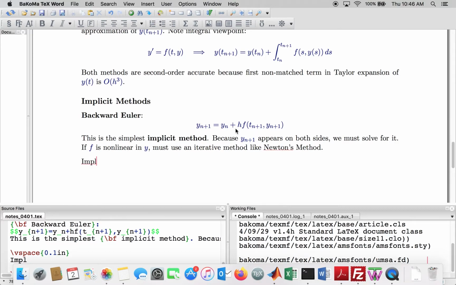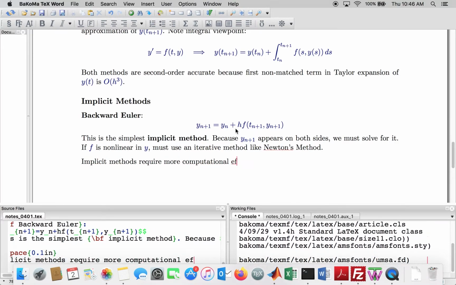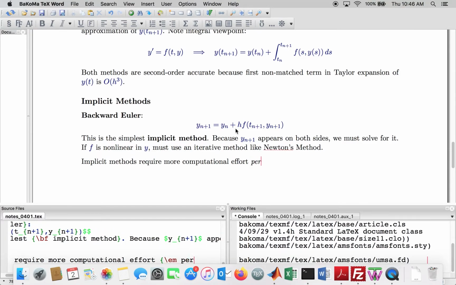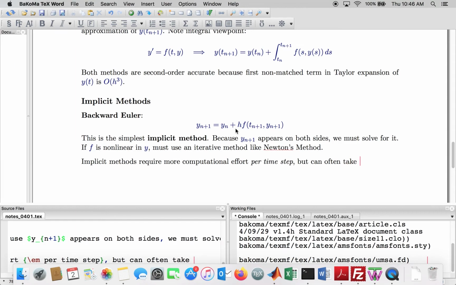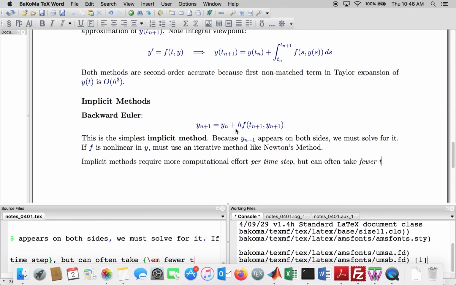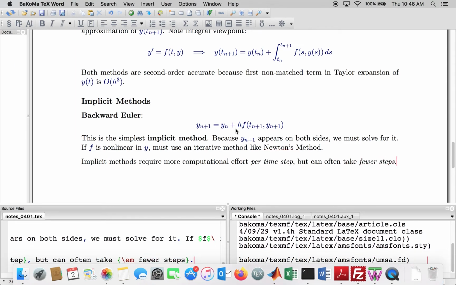So implicit methods require more computational effort, more work per time step, but can often take fewer steps. So the overall amount of work can either balance out or maybe even be less. And this will be especially important for stiff systems of ODEs that we'll come to later in the chapter.